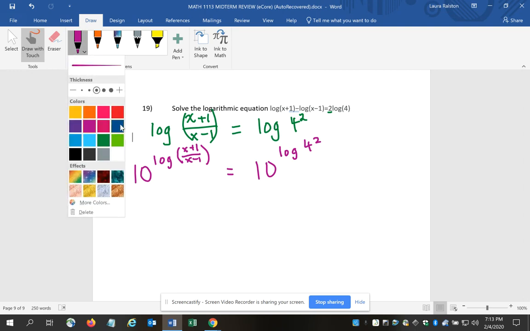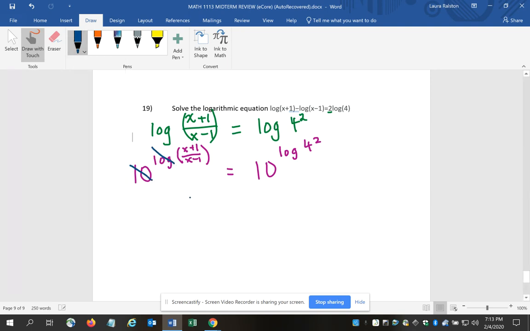Remembering that exponential and logarithm of the same base are inverses, they're going to cancel one another off. So we have x plus 1 over x minus 1 equals, again, log base 10 and exponential base 10 cancel out, 4 squared, and 4 squared is 16.